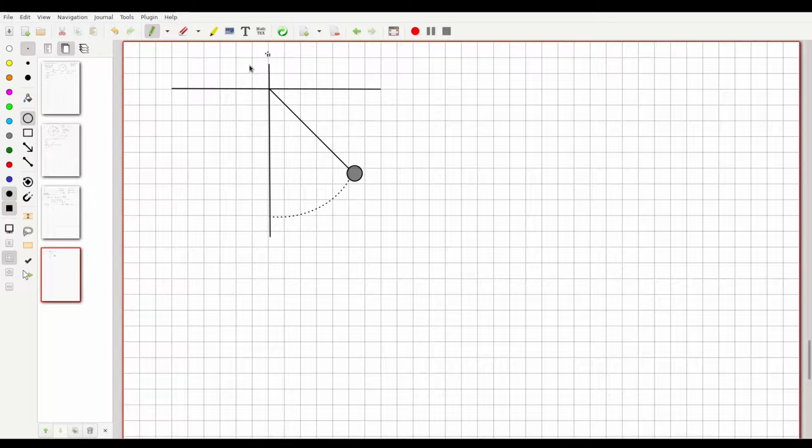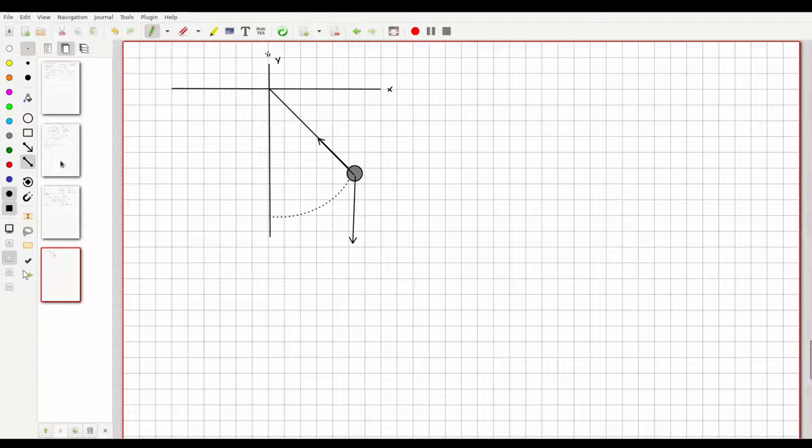So, typically this would be the y-axis, this is the x-axis, and what have you. But what we have here is an example of, if you're looking at the behavior of the pendulum and you draw your force diagram on it, you're in a non-inertial coordinate system. So, we have two forces here. We have the tension going up like this, then we have the force due to gravity going down like that.